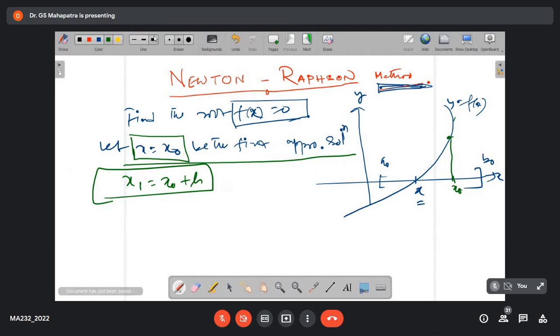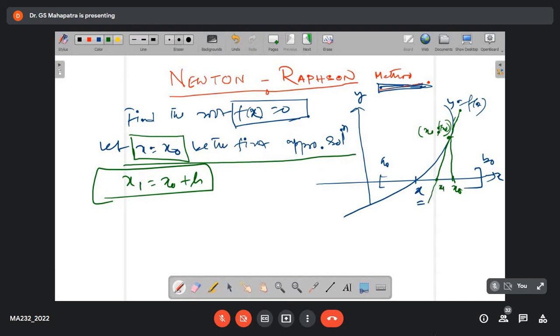Now what is this point? This point is x0 comma f of x0. Draw the tangent of this curve y equals f of x at that point, and let that tangent cross the x-axis at x1.